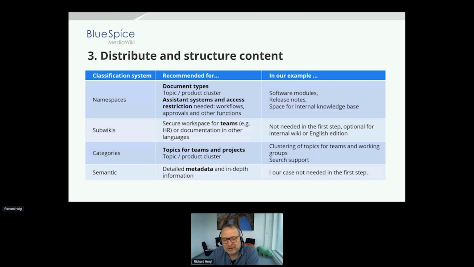In our example, you have the namespace and say, okay, I look for results within a certain module, or I'm looking for release notes. And maybe it's also interesting for a certain project, or a certain group of teams that are working with that software. So that is a second way to structure and to get interesting search results.